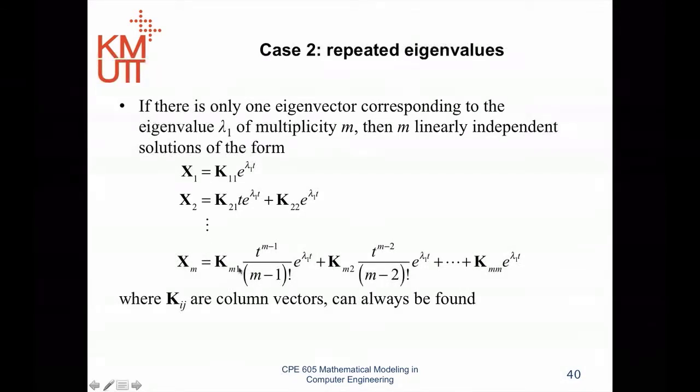The pattern would be km1 t to the m-1 over (m-1) factorial e to the lambda 1 t, and km2 t to the m-2 over (m-2) factorial e to the lambda 1 t, and so on until kmm e to the lambda 1 t. Note that these kij are column vectors which need to be determined.